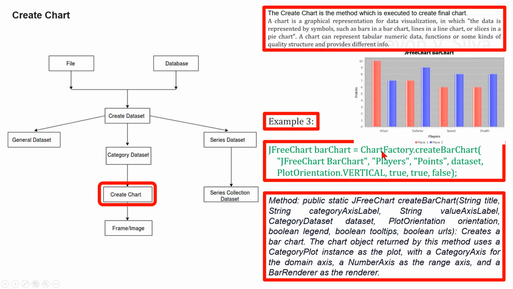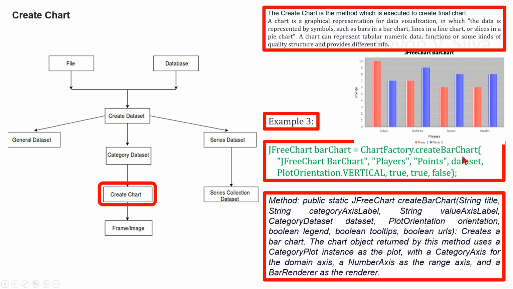As an example 3, we can consider this code segment. The method public static JFreeChart createBarChart, string title, string category axis label, string value axis label, CategoryDataset, PlotOrientation, boolean legend, boolean tooltips, and boolean URLs.